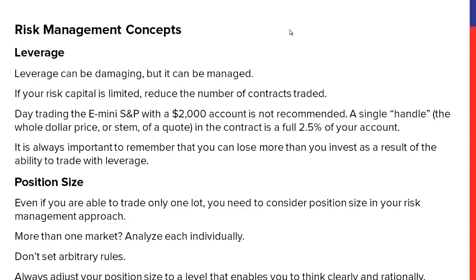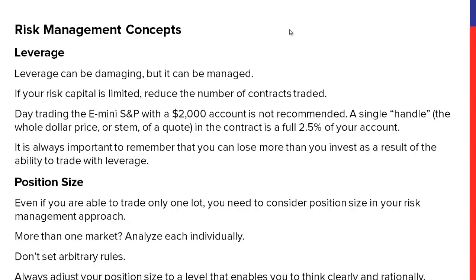So if you're day trading the E-mini S&P with a $2,000 account, and you just lose 4 ticks, that is 2.5% of your account. In most risk management plans that are written, the max loss in an account in a given day is 2.5%. You're already at a disadvantage there.